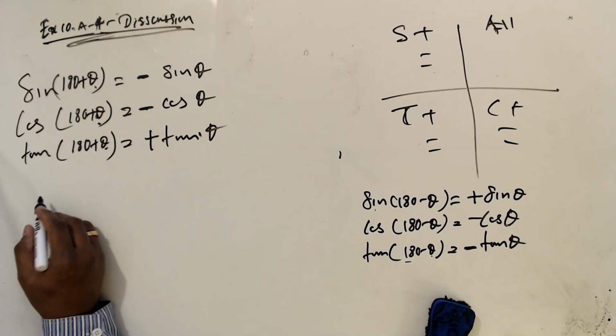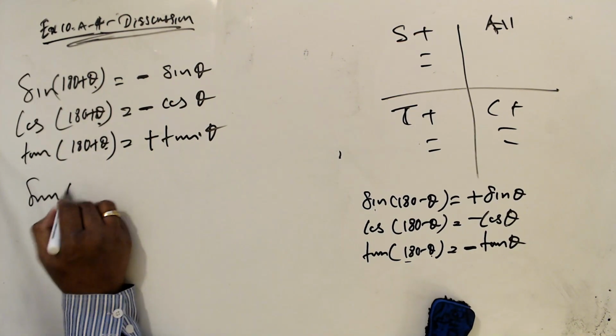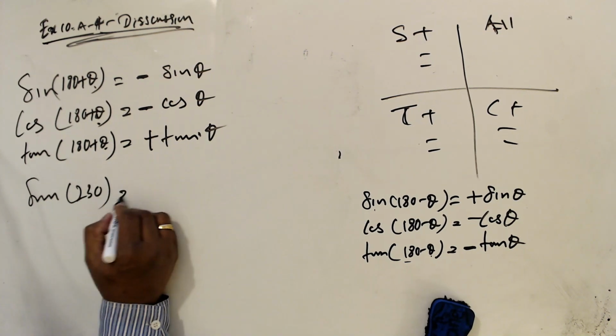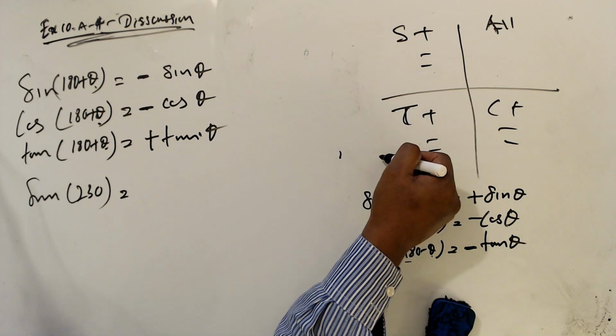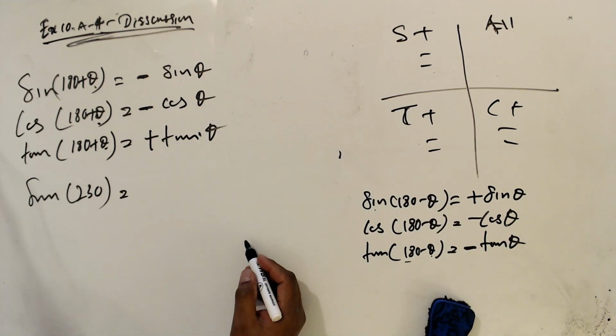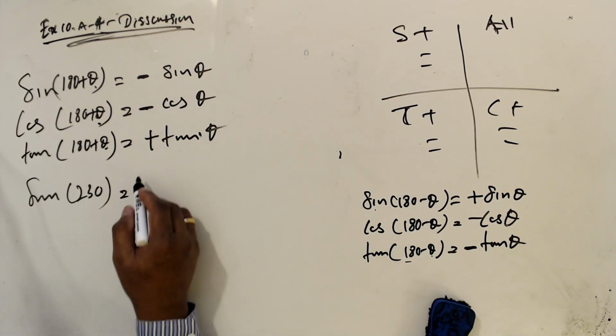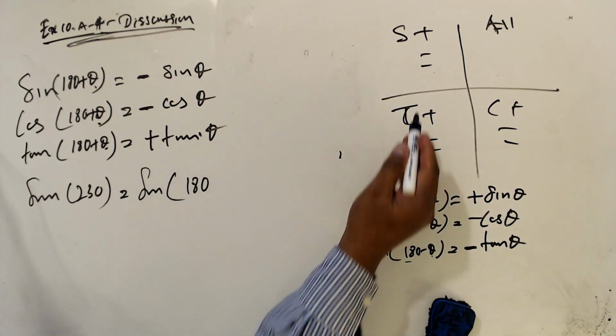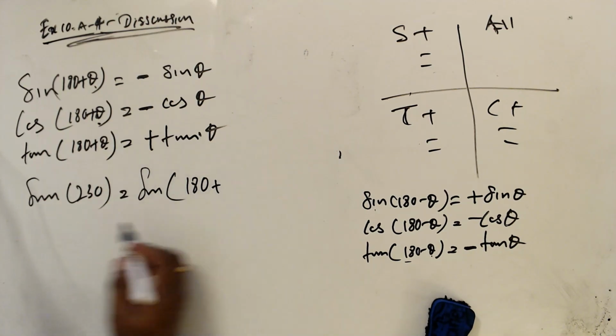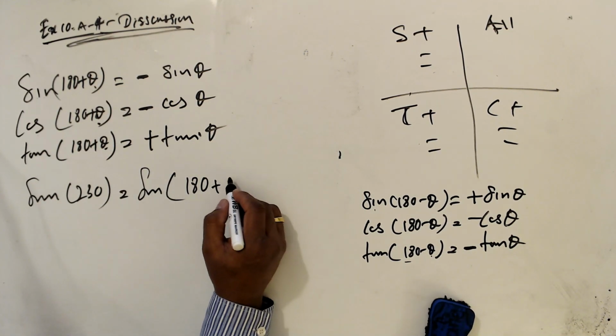We'll discuss an example. Sine 230. 230 is in the third quadrant, somewhere here. I can write 230 using our guessed 180 and plus what? 50.